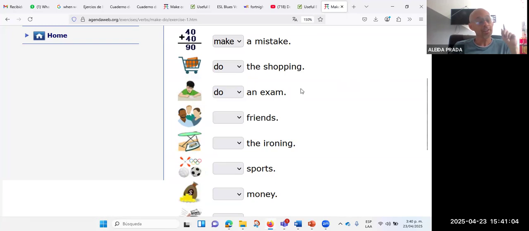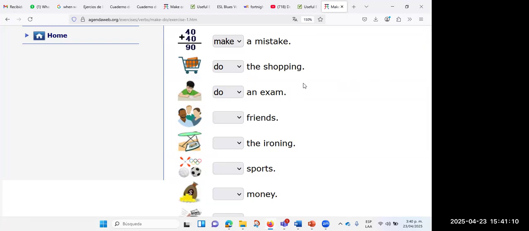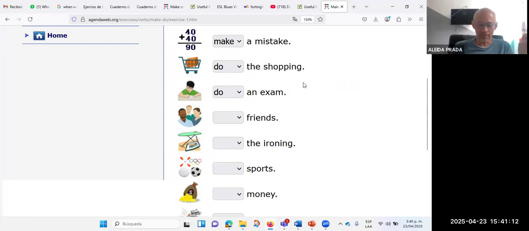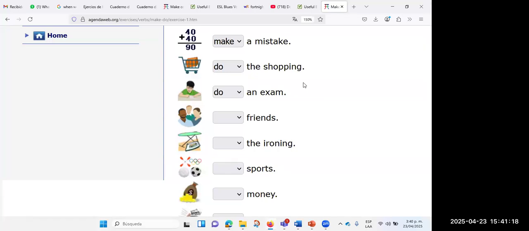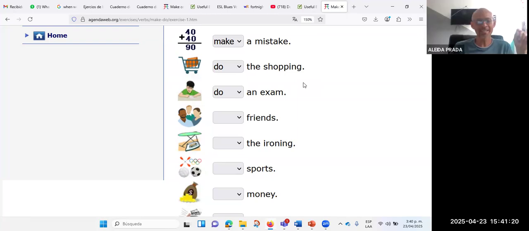If you are going to present an exam, you are going to do an exam, no? But if you are the teacher and you're going to design an exam, you can say, I'm going to make an exam, okay? Because you are going to create it, you are going to design it.